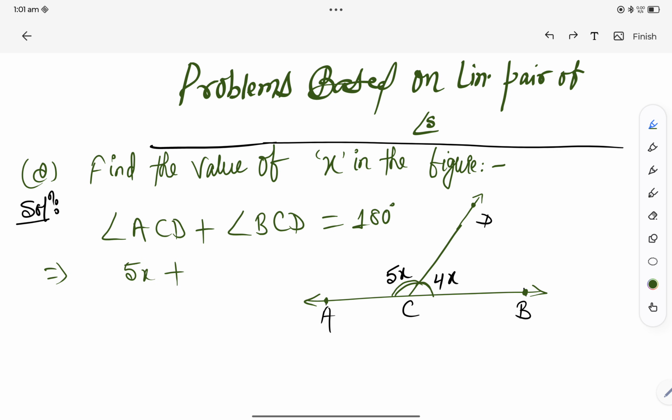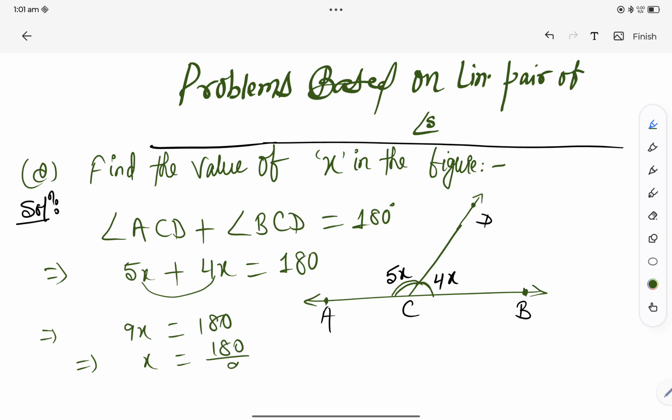So let us substitute 4x for BCD and it is 180 degrees. Now 5x plus 4x gives you 9x, which is equal to 180. If you divide both sides by 9, you get 180 by 9, which is equal to 20. So the value of x is 20.